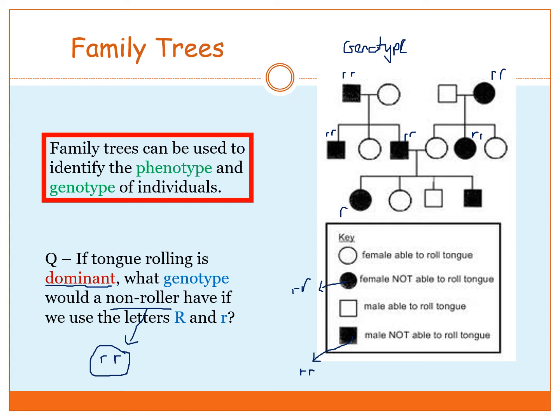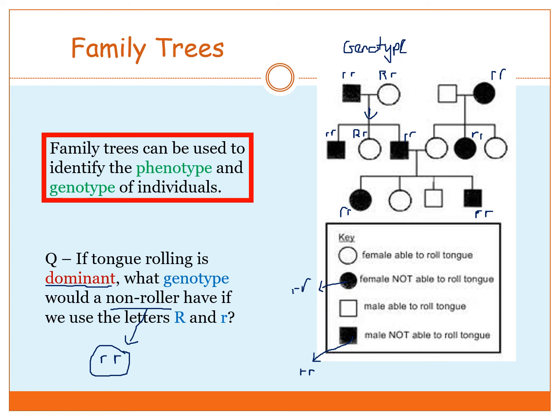We then need to work out what all of our white ones are going to be. So we know that this has to have a big R of some sort. This has to have a big R of some sort. Now, because all of the offspring of these 2 people are not all big R, small r, we know that it has to be a big R, small r parent to form this.